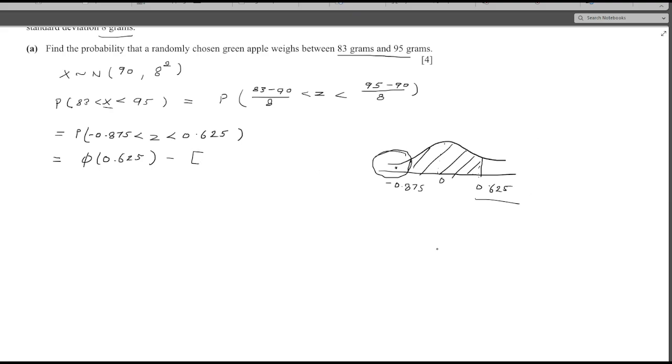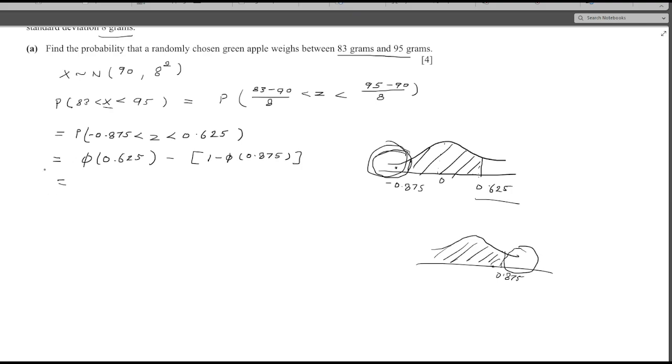Now if I consider 0.875 on the positive side, it will be somewhere here, and from the table it will give me this answer. But by symmetry, this particular portion is the same as this portion, and this is nothing but 1 minus phi of 0.875.